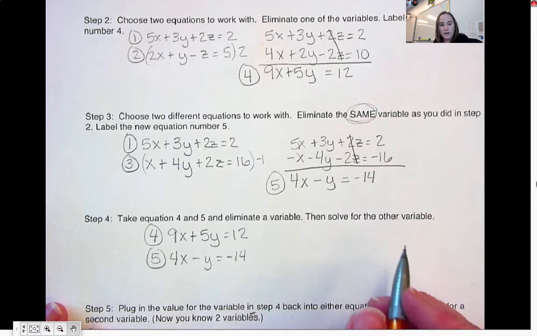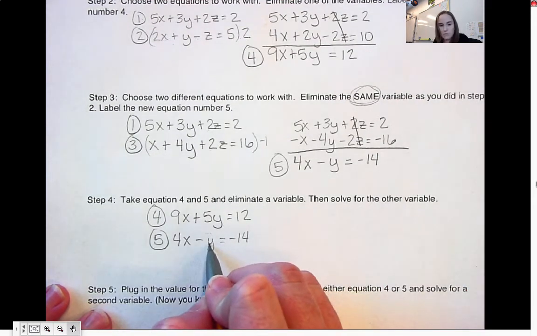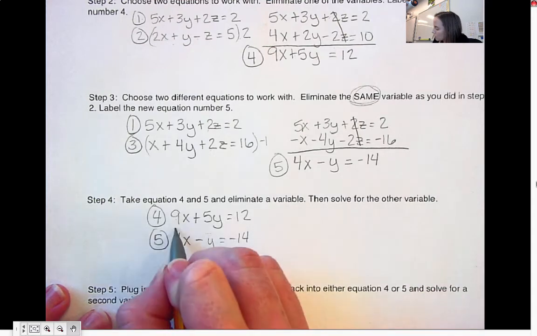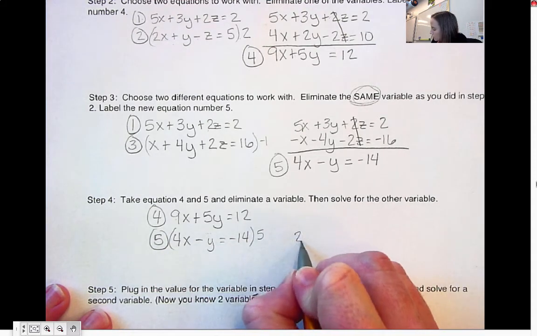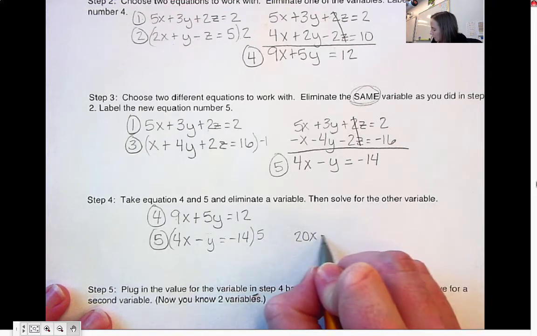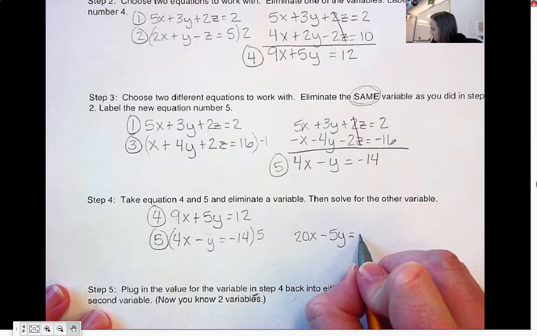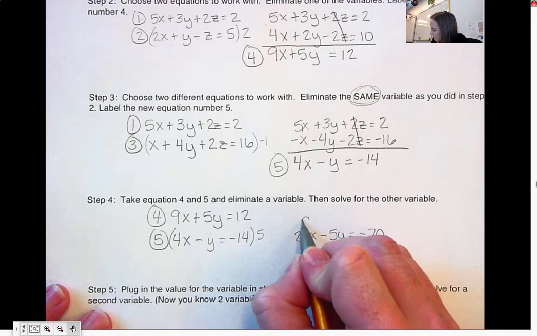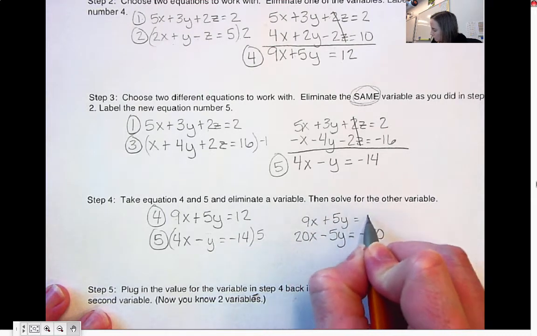So I'm going to multiply equation number 5 because it looks easier to get this to be a 5 so that it will cancel than making these 36 or something else. So I'm going to go ahead and multiply this equation by 5. And I'll have 20x minus 5y equals negative 70. And then I have 9x plus 5y equals 12.